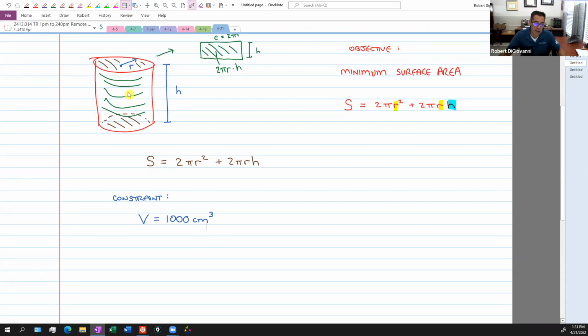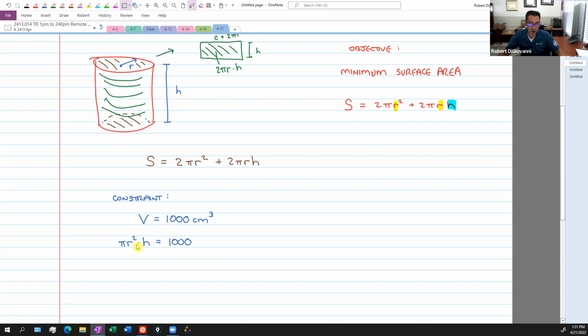Well, the volume of a can, we can look up the formula. All it is is the area of the top of the can times how deep it is. So it's just this top area times the depth. So the pi r squared is the area on top times how deep it is. That must be 1,000. Now I have a constraint equation.